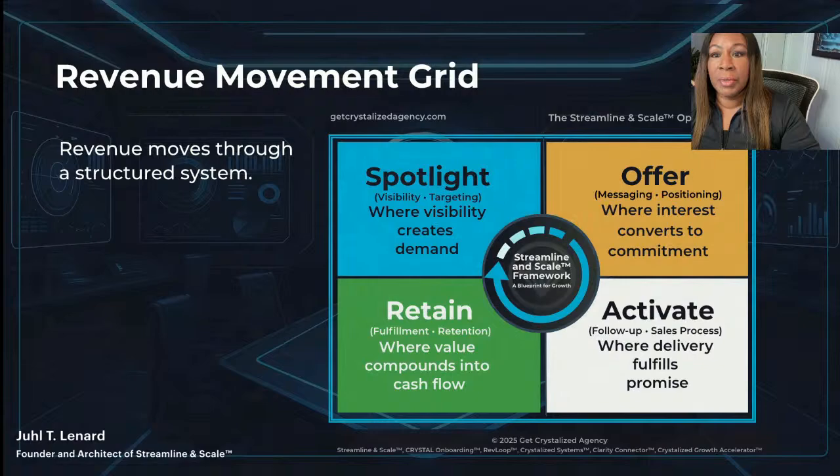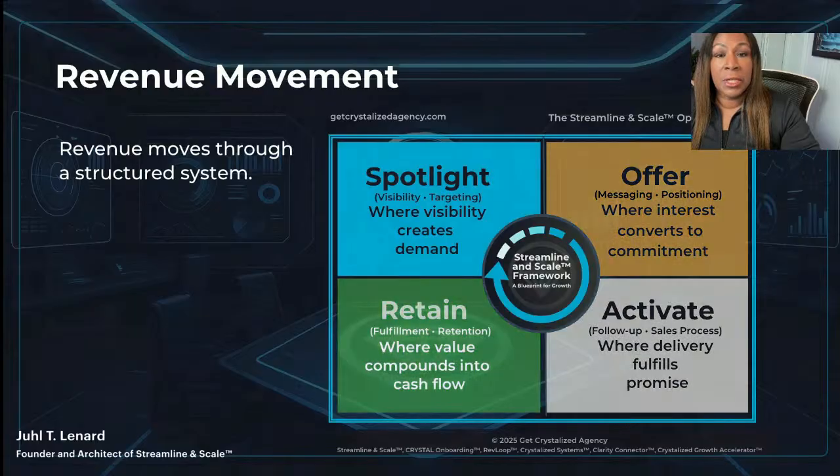This is a Streamline and Scale operating grid that I built, and it's a visual depiction of the four quadrants through which your revenue system moves. First, we start with Spotlight, where visibility creates demand and interest becomes demand.